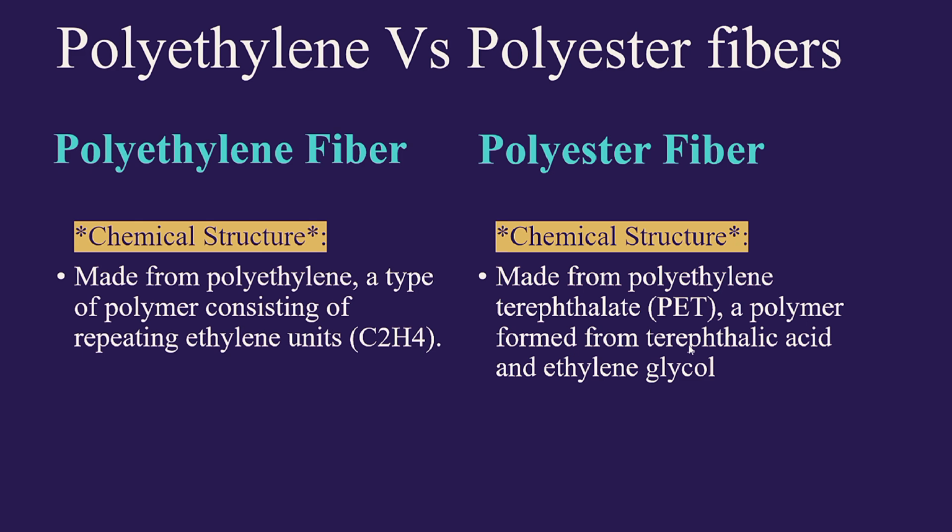So we can conclude that the chemical structure is different. Polyethylene consists of repeating units of ethylene, while polyester is formed from terephthalic acid and ethylene glycol.